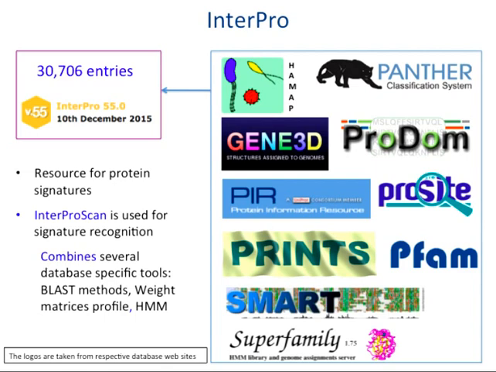Together they form about 30,000 entries. It is a resource for protein signatures, and it uses InterProScan for the signature recognition in the query proteins. InterProScan combines several database-specific tools such as BLAST methods, weight matrix, hidden Markov model, and so on.